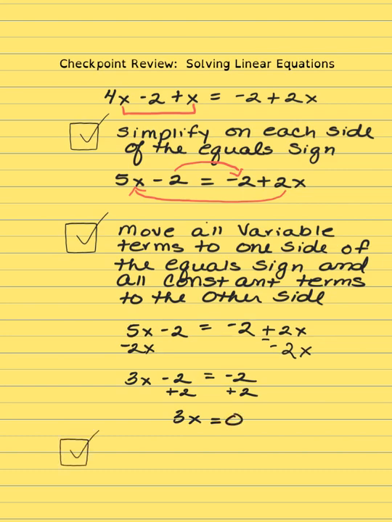The final step in solving a linear equation is to get x all by itself. And we do that by taking a look at what numbers are still bothering x, what coefficients are still hanging around the x term, how are they attached, and we're going to do the opposite to get rid of them.